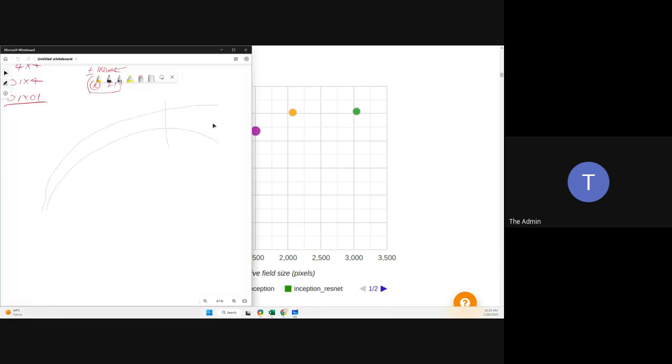Right now, here is how I wanted to think about this. Imagine that this is our image, all right? And imagine that this is a kernel.